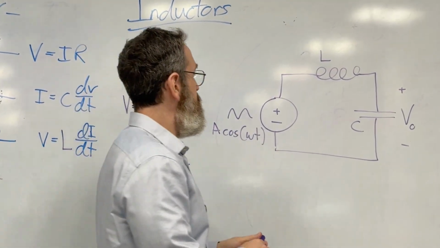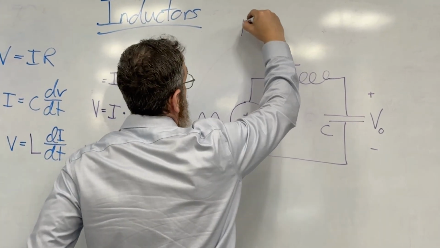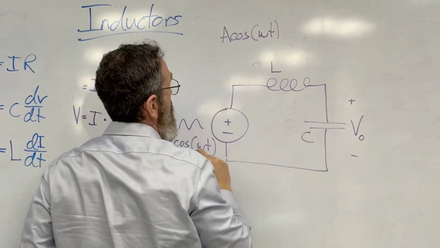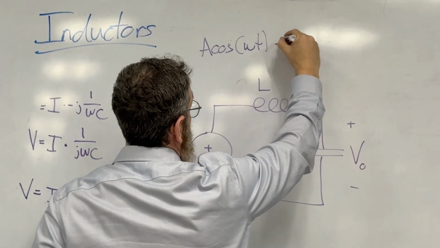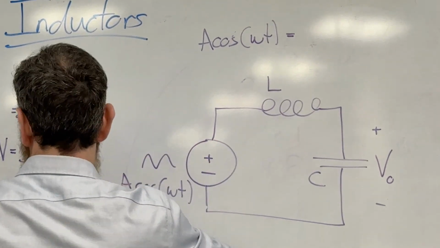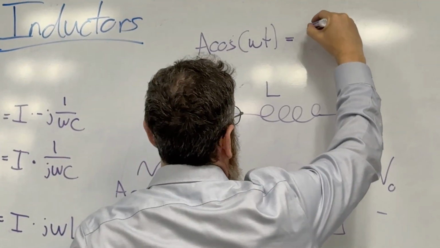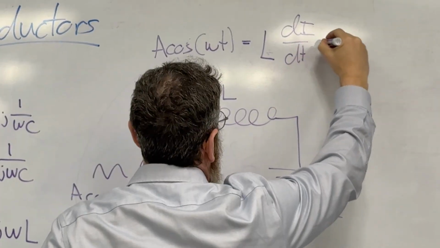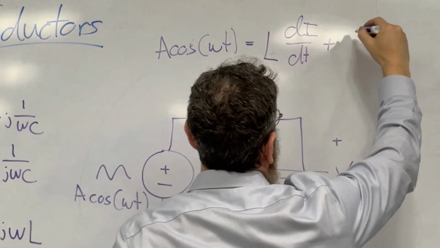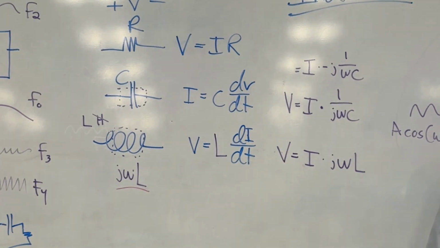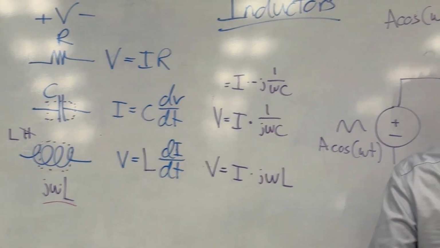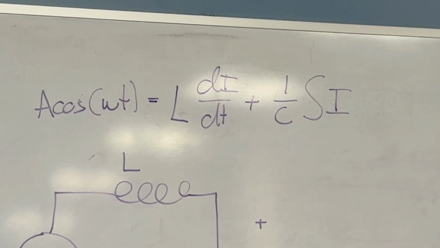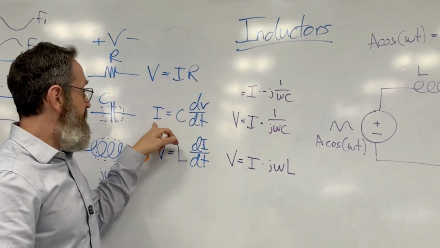So if you were to write that, you would say, okay, here I'm going up A cosine of WT, and then I'm going to go down these other amounts, which is going to be L di dt plus, and here I'm going to have to write 1 over C times the integral of I.